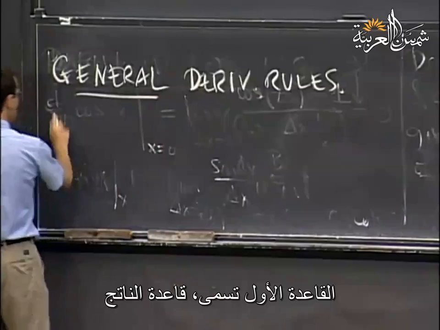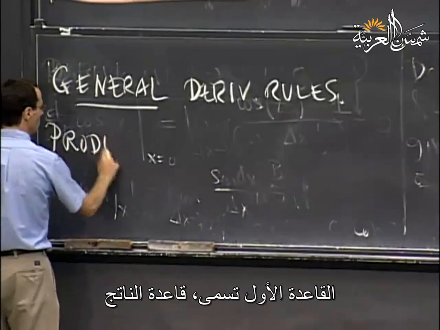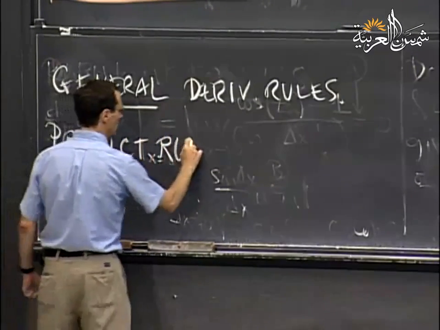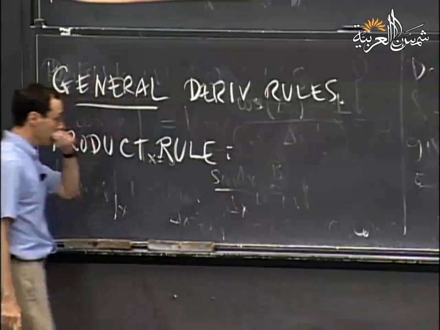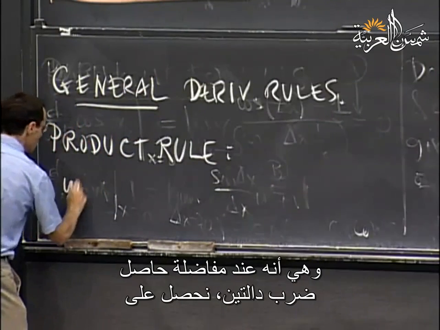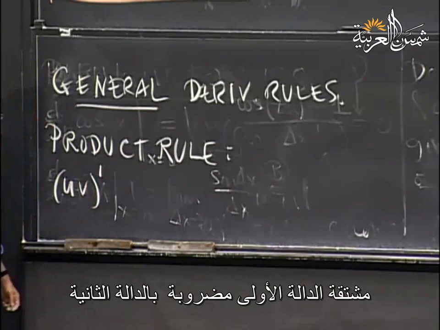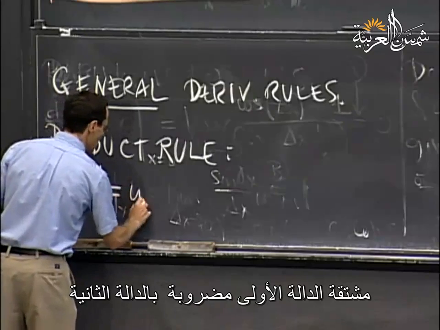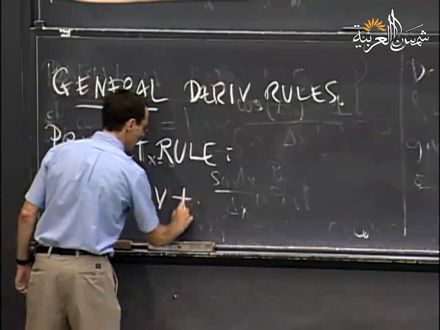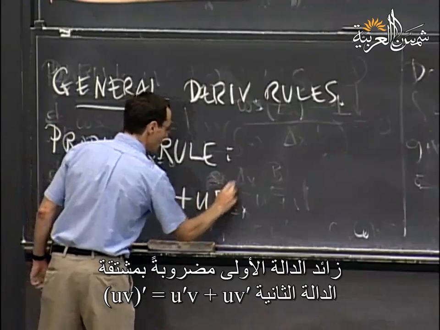So the first one is called the product rule. And what it says is that if you take the product of two functions and differentiate them, you get the derivative of one times the other plus the other times the derivative of the one.